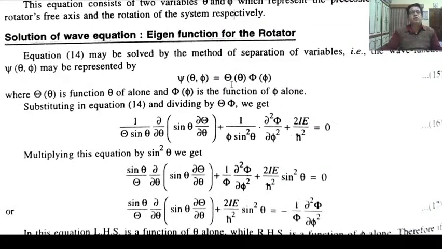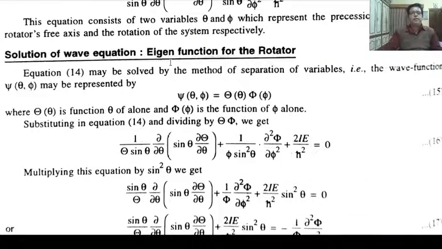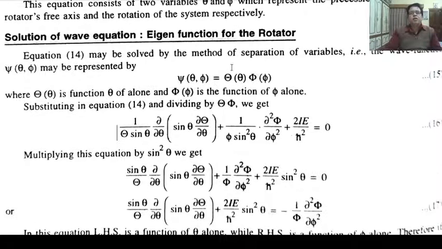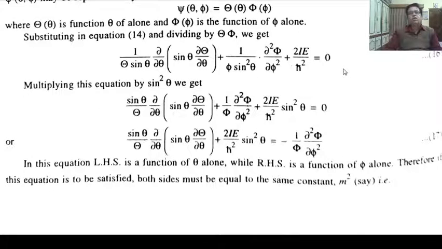Solution of wave equation. Eigenfunction for the rotator: psi(theta, phi) equal to capital Theta times capital Phi. So the equation becomes, by the technique of separation of variables, like that.